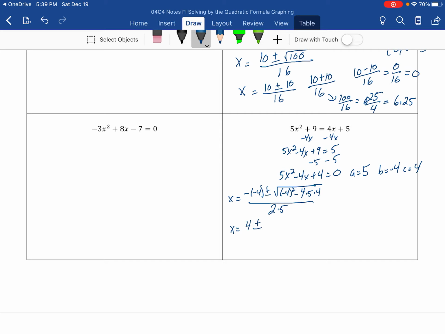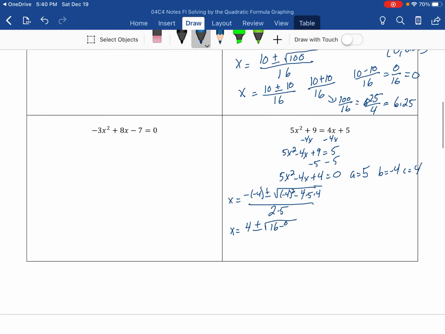So X is equal to 4 plus or minus, it's going to be 16 minus 80 over 10, which is 4 plus or minus the square root of -64 over 10.